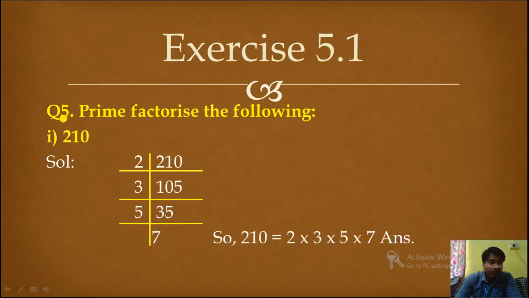Now question number 5, prime factorize the following. So here we have 210. Here we have to find the factors of 210, which should be prime numbers. So let's start with 210. So 2 into 1 is 2, cancel, bring down 1 here.